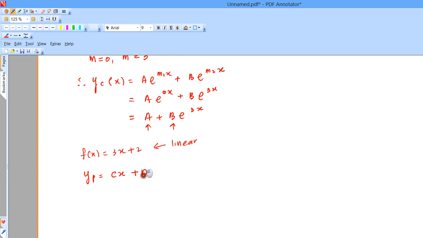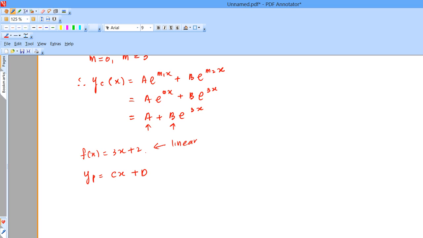cx plus d. Okay, when we define yp, you need to compare with yc. If we have a similar term or the same term, you need to multiply yp by x. If we compare, yc is a plus b e power of 3x, and yp equal to cx plus d.